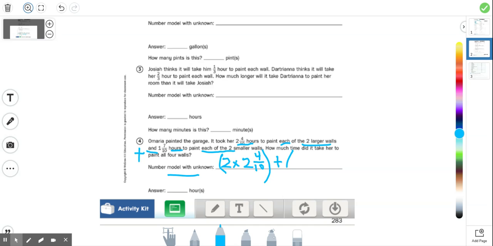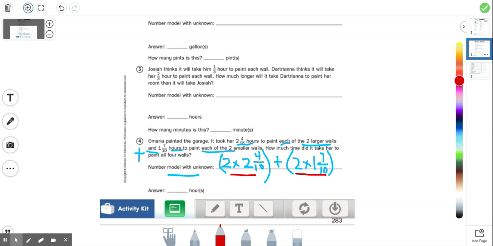So two smaller walls times 1 and 7/10. So we're going to have to multiply these two and then add them together.